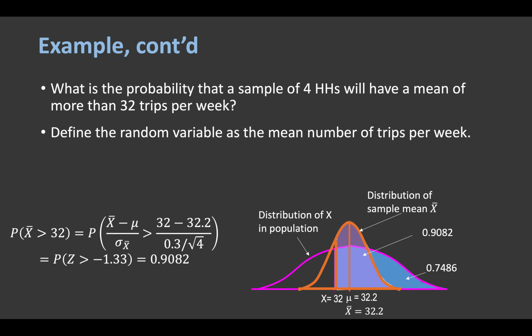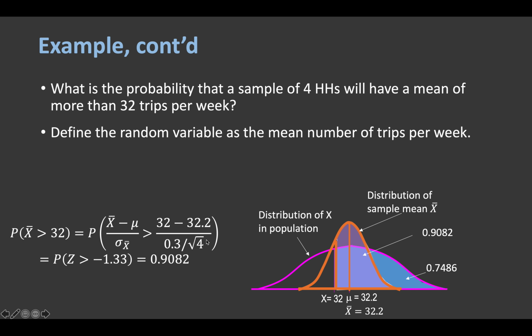So basically here, we need to find out the variance of the sample, which is 0.3 squared divided by 4, which is the sample size, and then take the root.